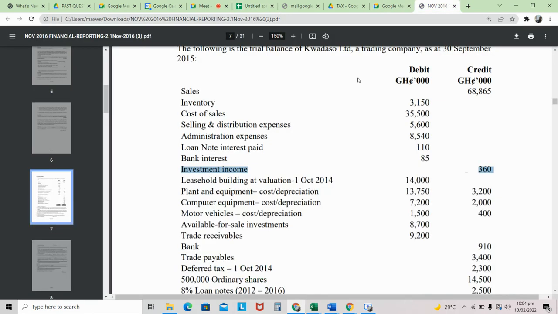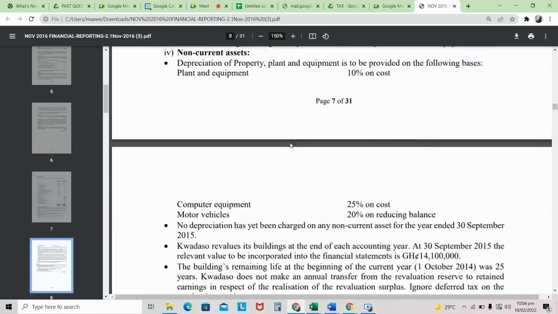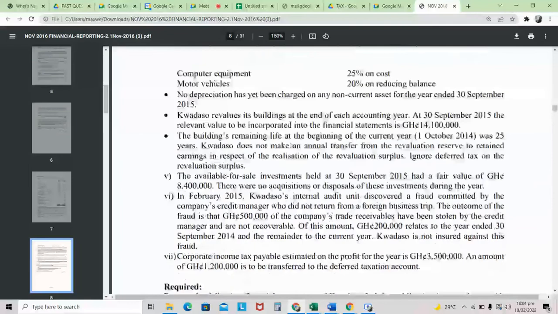So let's go to our question. So Note VII talks about tax. It says that corporate income tax payable estimated on a profit for the year is 3,500,000.